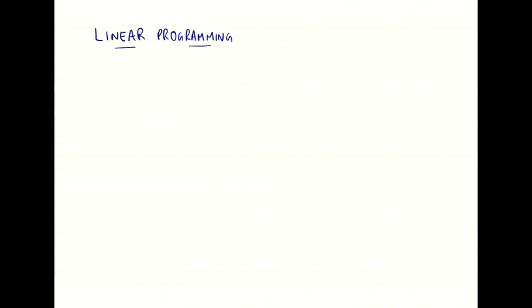So, in short, a linear program is an optimization procedure. It's a family of optimization problems. How do they look? We'll see an example soon, but I just wanted to say in English how they look.